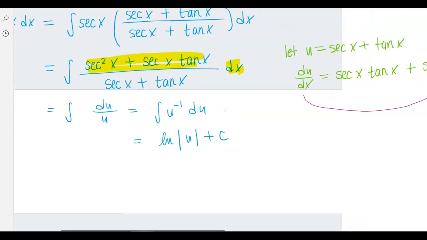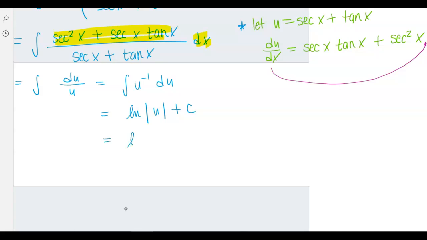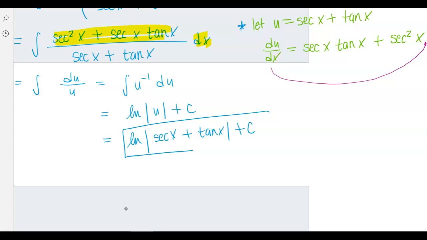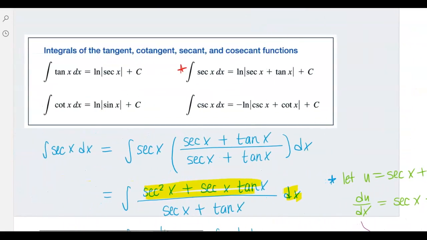And then again, we'll go back to that original substitution we made up here. And our final answer will be the natural log of absolute value secant x plus tangent x plus c. So that's just a simple proof using substitution to show one of these identities that we have.